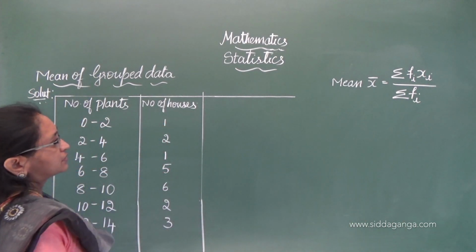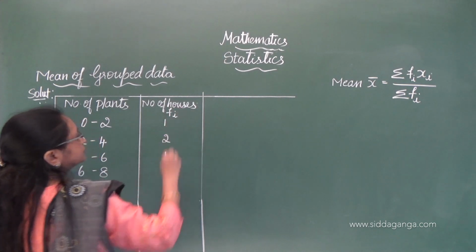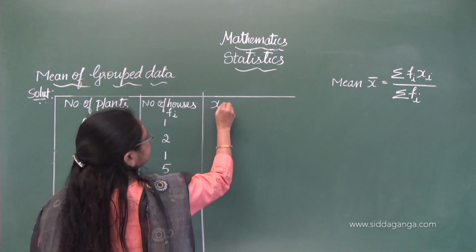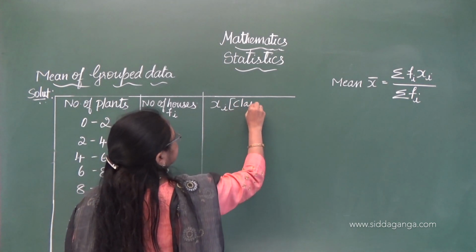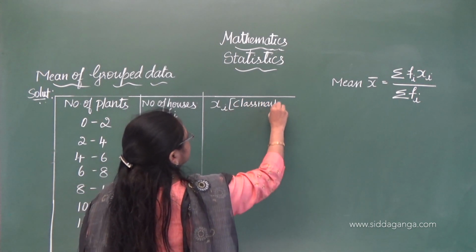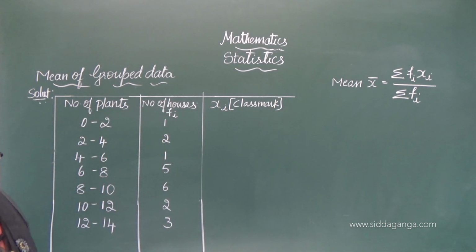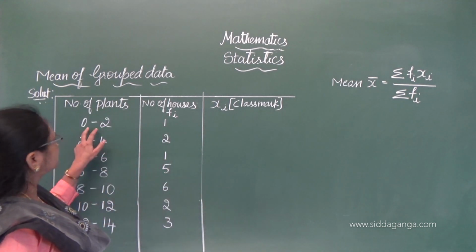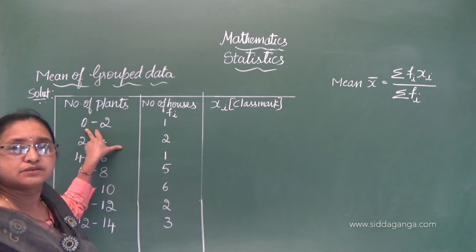See here, this is Fi. Now Xi, what is Xi? Xi means, you all know, it is the class mark. How will you calculate the class mark? Yesterday I gave you the formula to find the class mark.